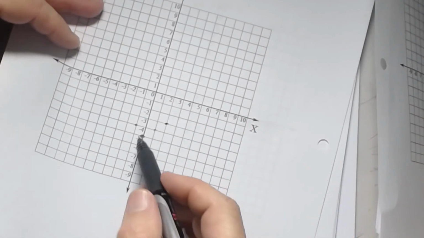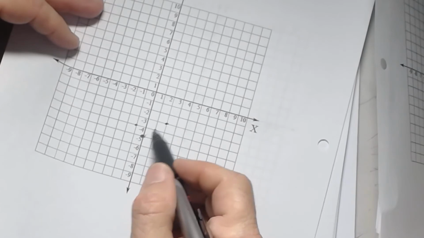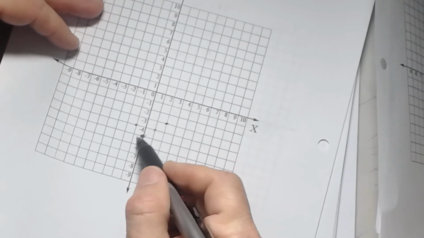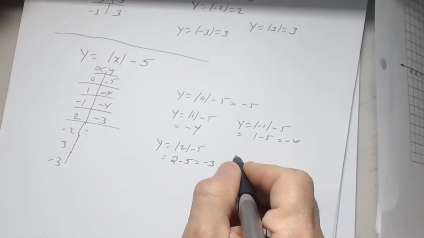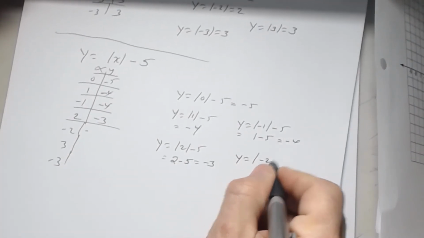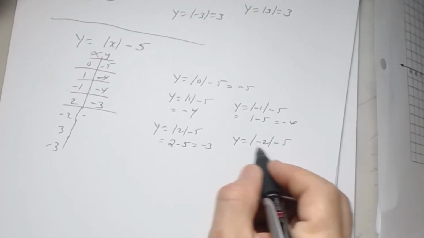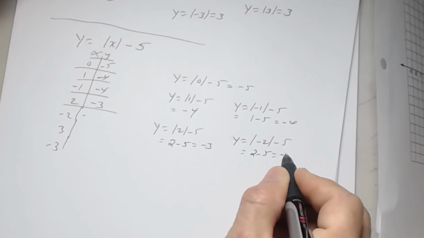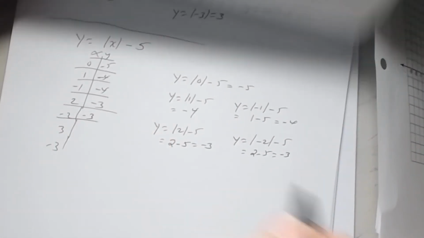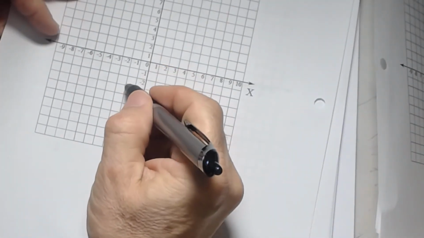Remember, that's a V, so it is kind of looking correct. See, all these points are lying on the same ray on each side. If x is negative 2, I get the absolute value of negative 2 subtract 5. What's the absolute value of negative 2? And what's 2 subtract 5? Negative 3. So I plot the point negative 2, negative 3. Use the idea of symmetry to help you.